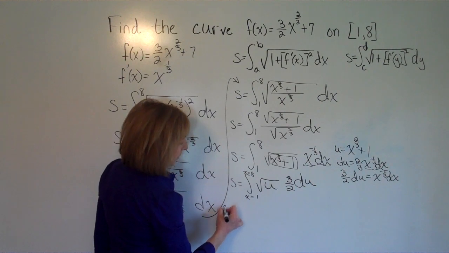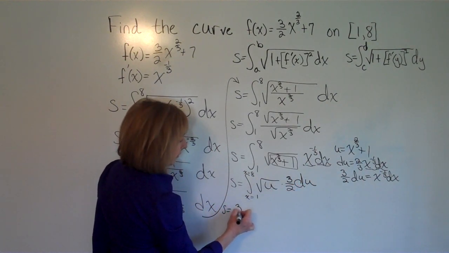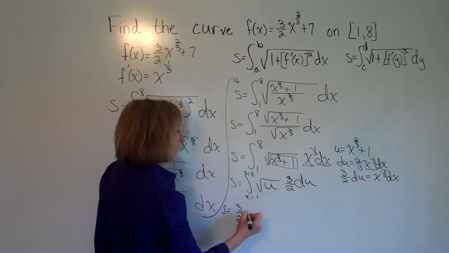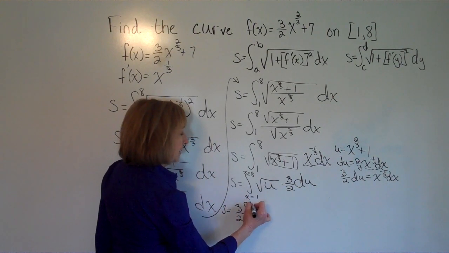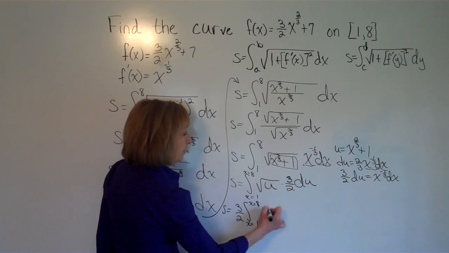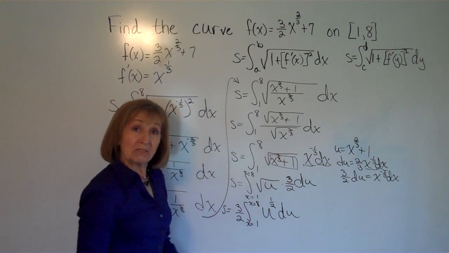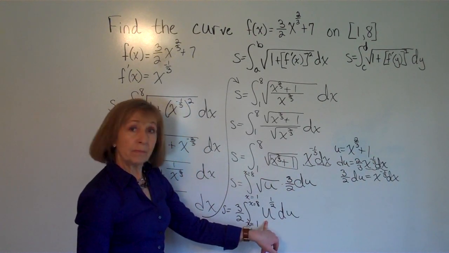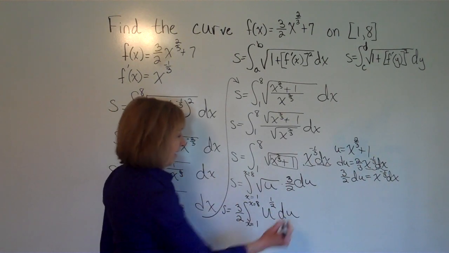So now we can factor that numerical factor out in front of the integral and look at that, x equals 1 to x equals 8, of u to the 1/2 du. And now that's something that I can integrate. Raise the base to a number power, add 1 to the exponent and divide by that.